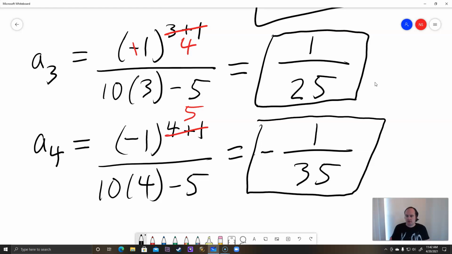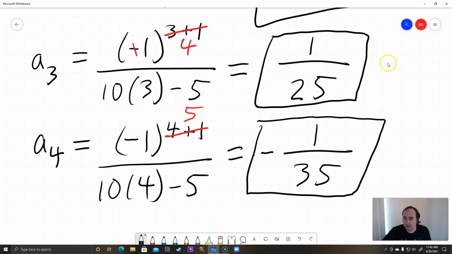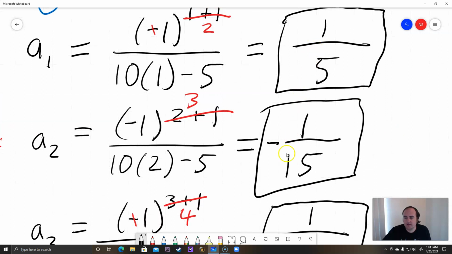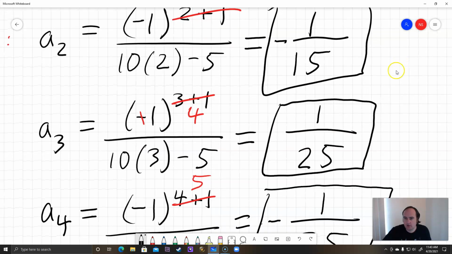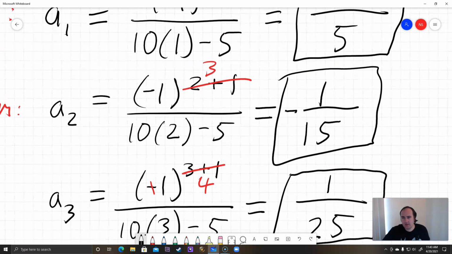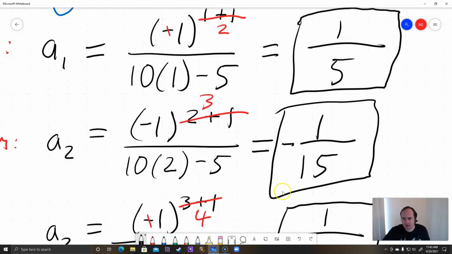And you might have noticed something about this problem. So looking at this sequence, notice that the first term was positive, the second term was negative, the third term was positive, and the fourth term is negative. So it's alternating in signs. We call that alternating signs because it goes from plus to minus in each term.